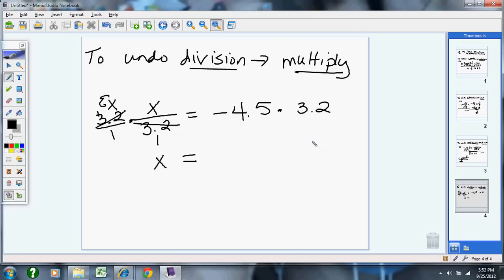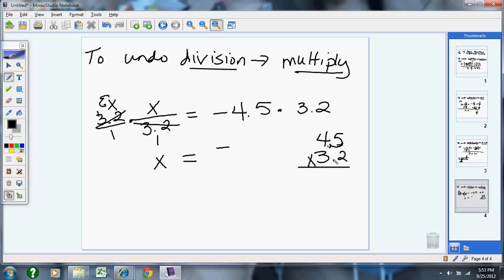Now I'm going to just go ahead and look to see what my final answer is going to be. Negative times positive is a negative. I'm going to do the work over here. 4.5 times 3.2. Don't forget to look to see how many decimals will be in your answer.